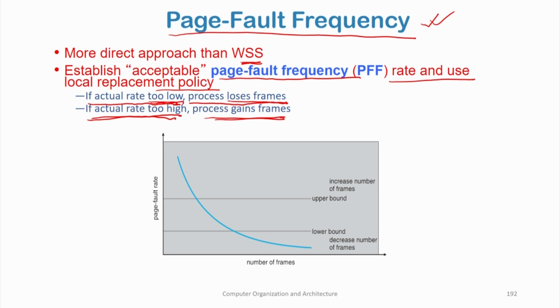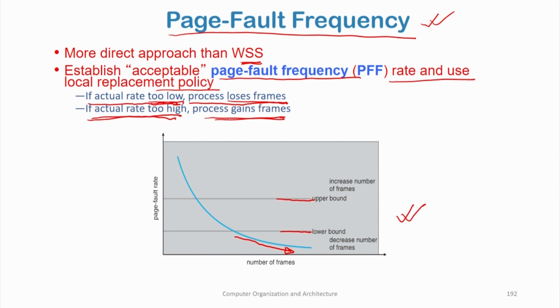So, this figure shows that for a process I have an acceptable upper bound and a lower bound. If the page fault frequency decreases below the lower bound, we decrease the number of frames allocated to this process.